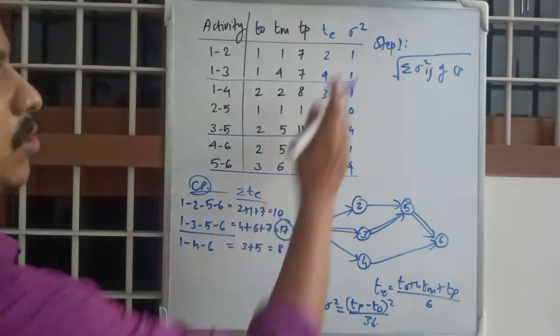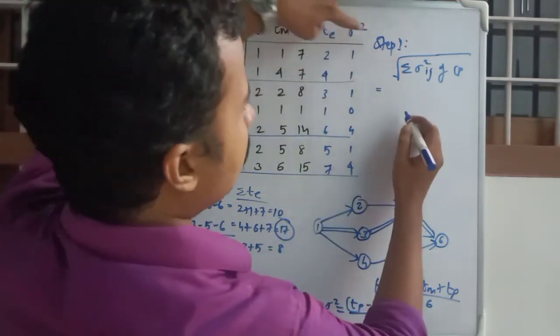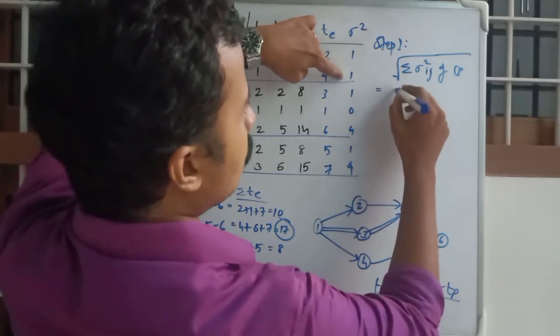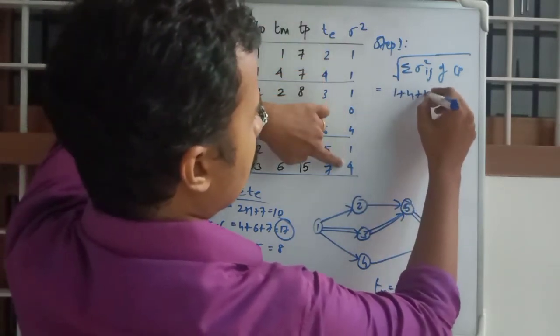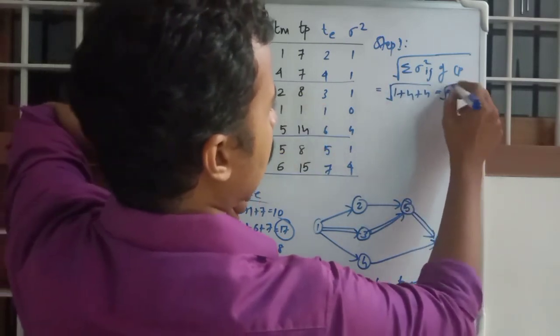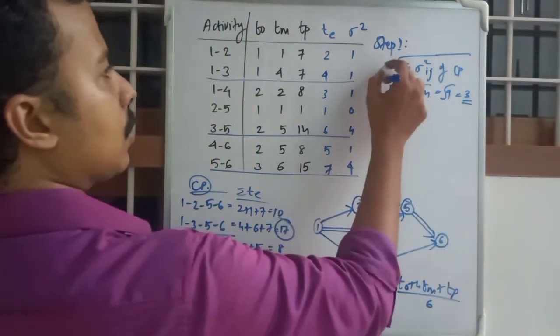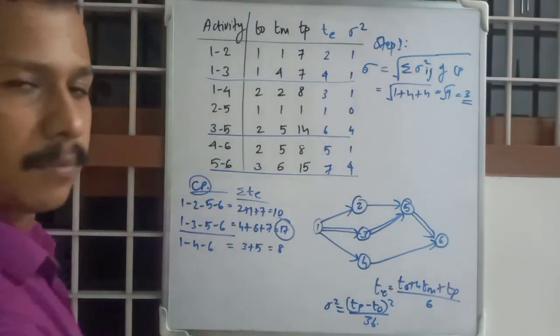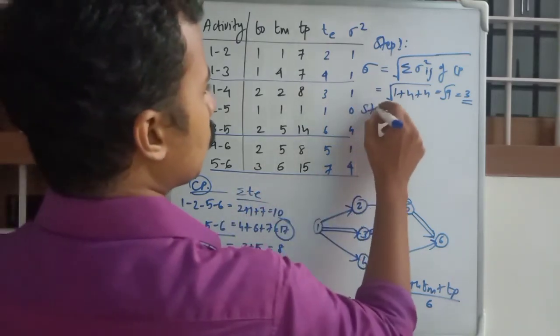Okay, so step 1, that is equal to the sum of variance values, that is 1 plus 4 plus 4, whole root, that is 9, that is equal to 3, sigma, the standard deviation.